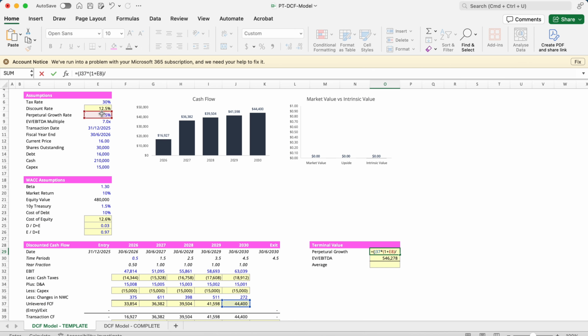Then we need to divide that by the difference between the discount rate and the perpetual growth rate. Cool. What happens if we increase the discount rate? Let's just move that off of there so that we can play around with it without it messing anything else up. Put it there. And so we've got 12.5% there.